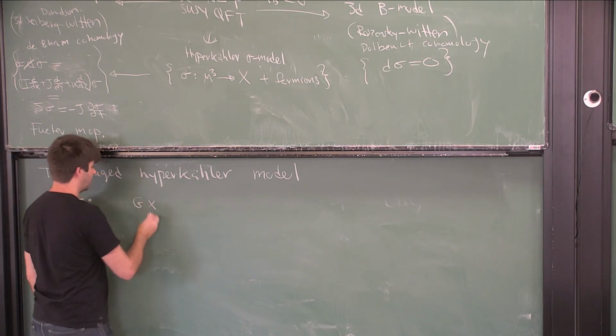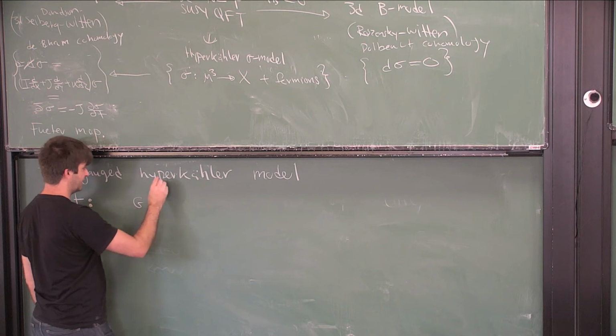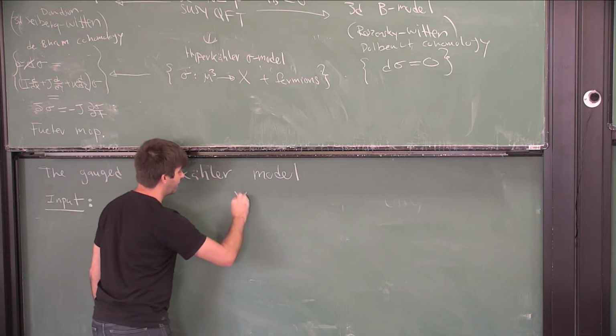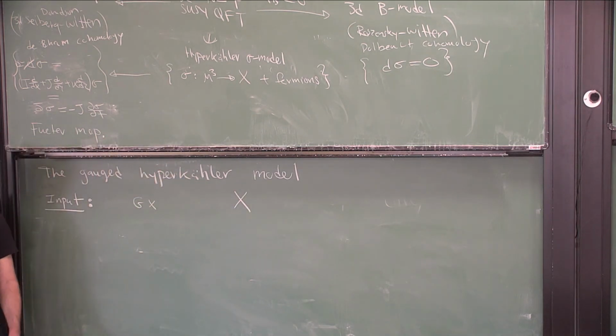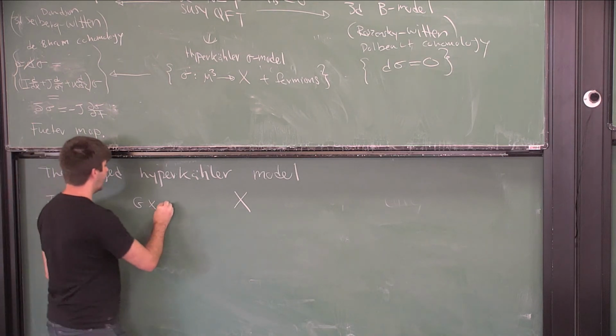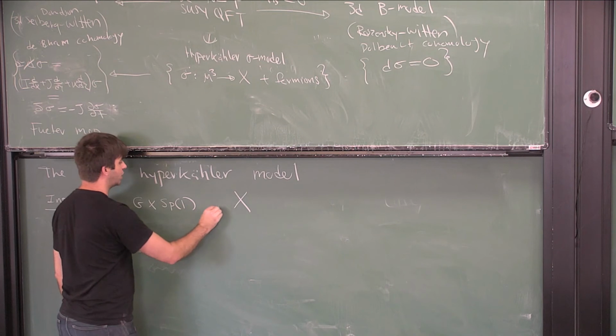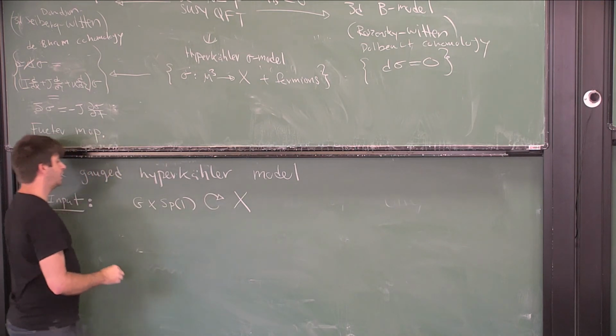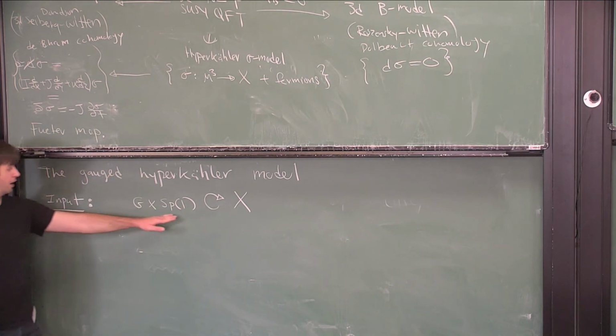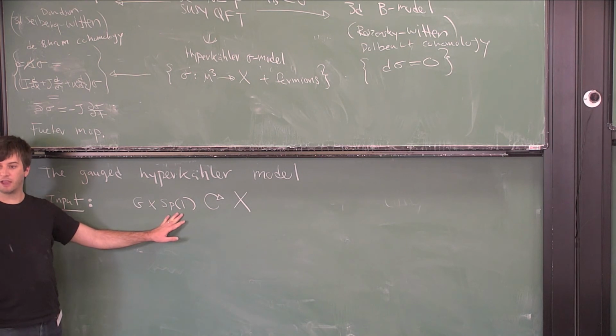Okay, so the input for this gauged hyperkähler sigma model, well, one thing is going to be a hyperkähler manifold. And then the second thing is that I'm going to want to have an action of G times the group of unit quaternions, Sp(1). So this thing is also isomorphic to Spin(3).